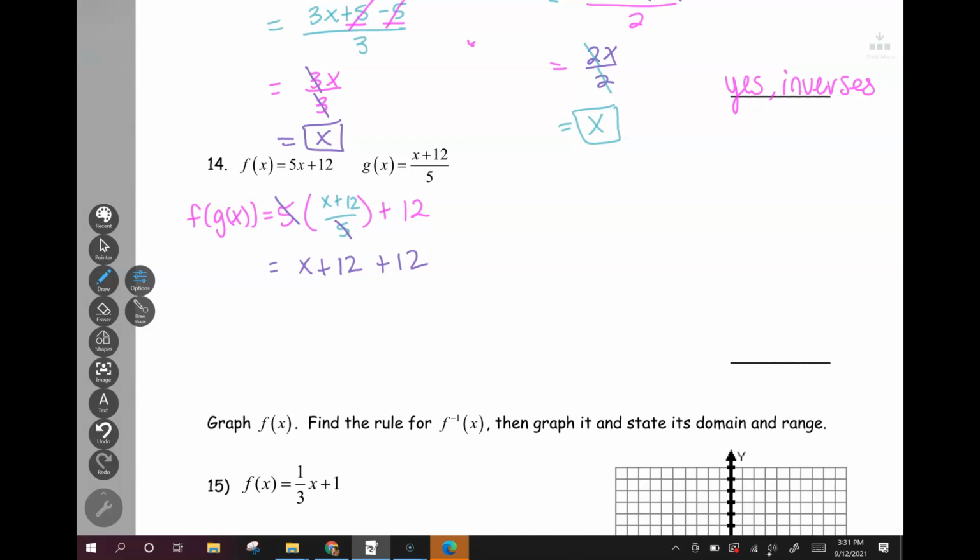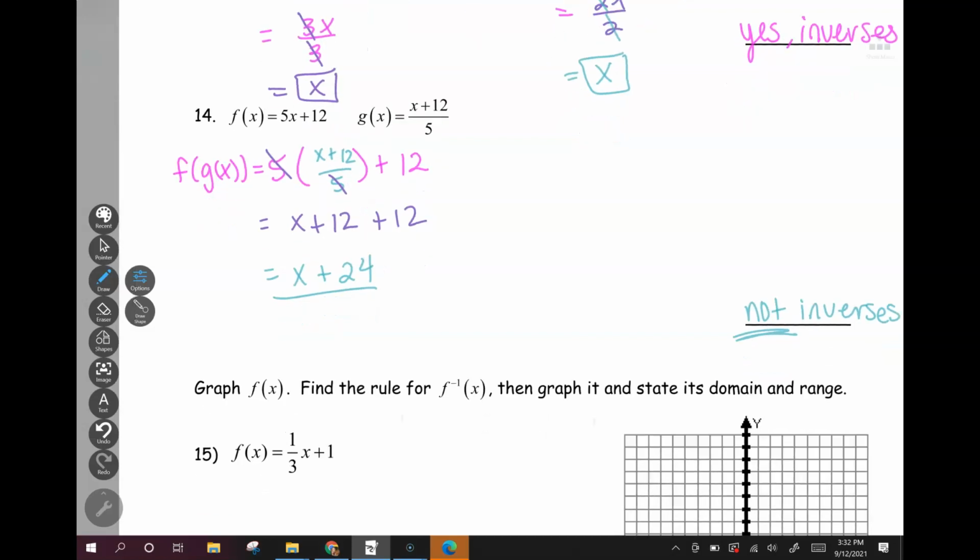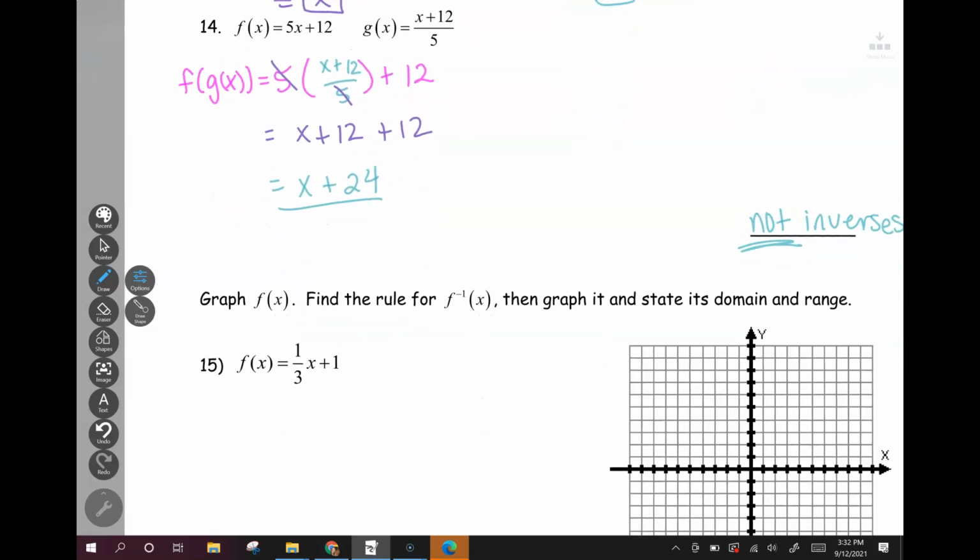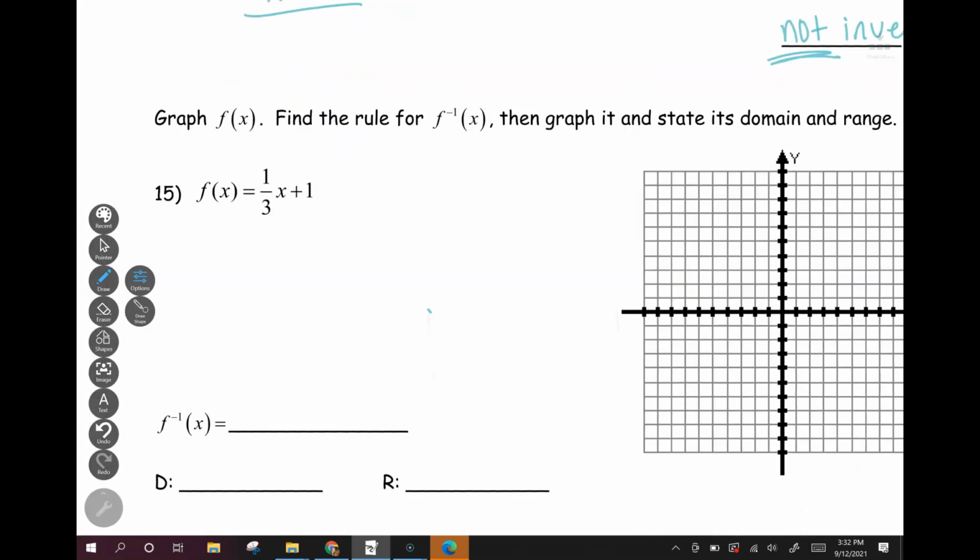Oh, but they're both positive. 12 plus 12 is not 0. It is 24. So since those 12s did not go away, this is not equal x. And so these are not inverses. Not inverses because it didn't come out to x. And that's it. You don't have to do g of f of x because only one of them has to fail in order for them not to be inverses.